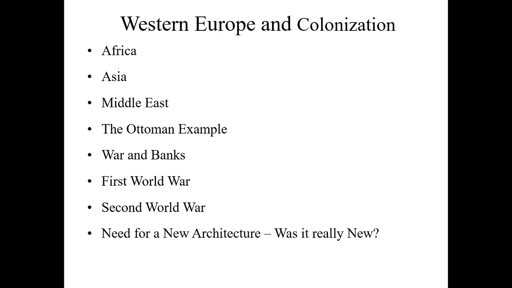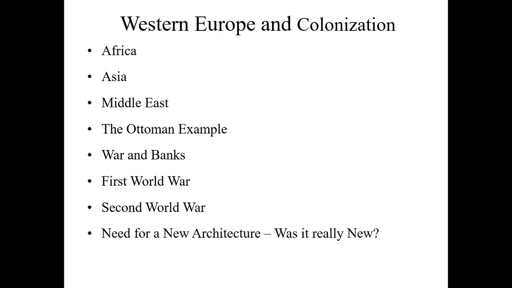And so what comes after that was, okay, we need to come up with a new architecture. What came after was the formation of a new global financial architecture in 1944, in what's known as the Bretton Woods Agreement. But as people like Niall Ferguson and others have commented, was it really a new form of architecture?